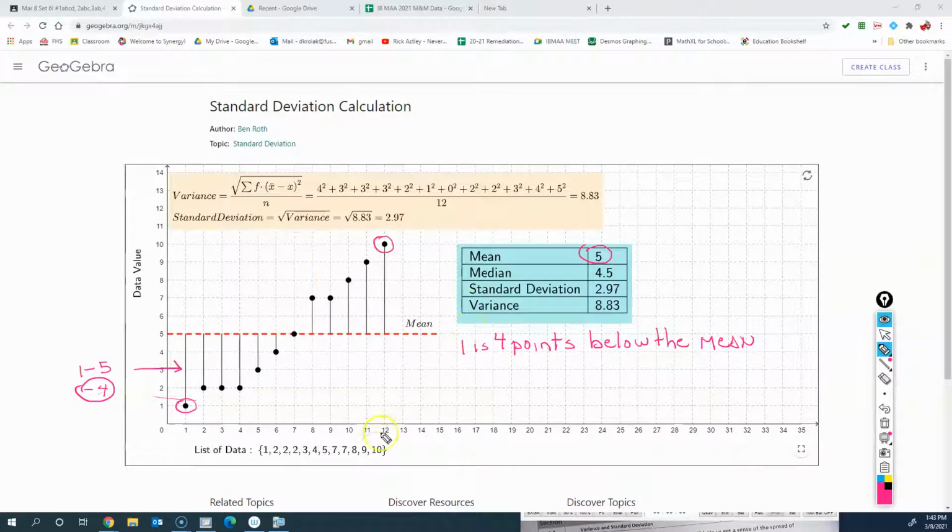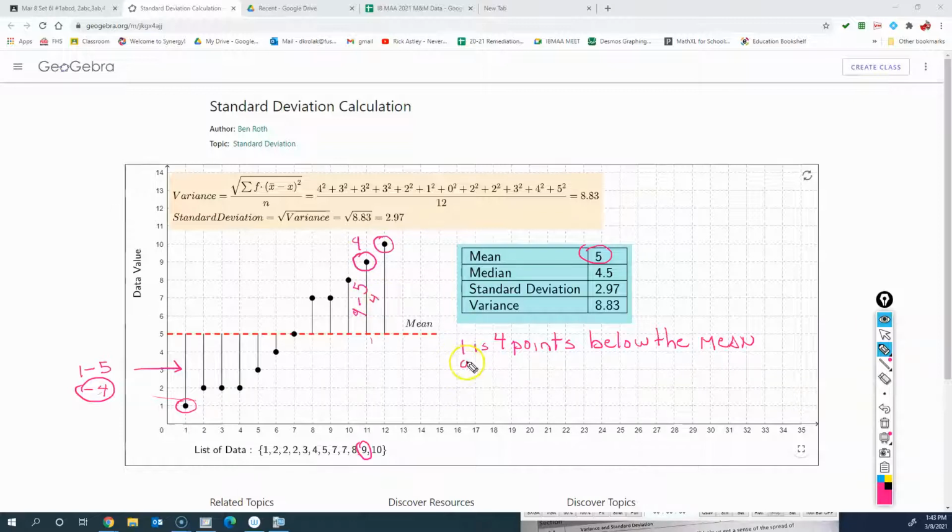Now, if you go to the 9, this 9 is this point. How far is 9 from the mean? I'm going to do 9 minus 5, that's 4.